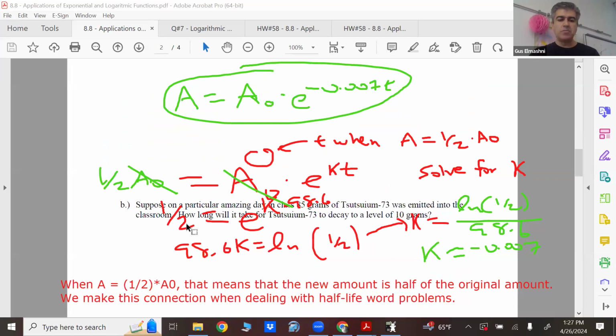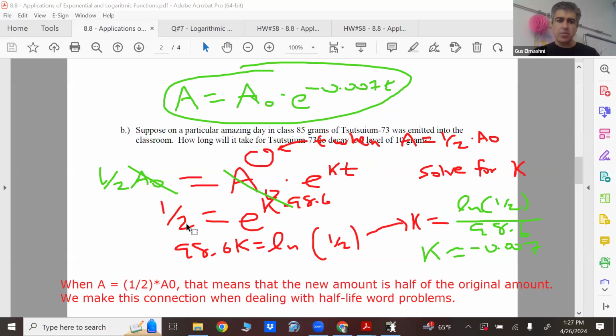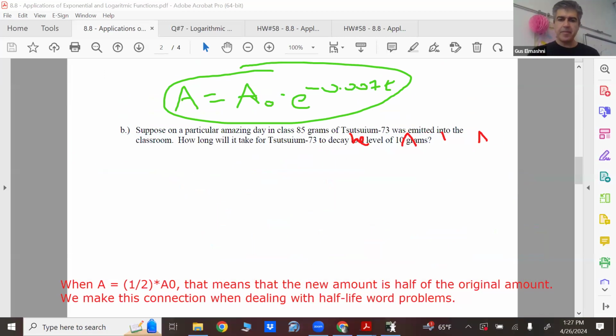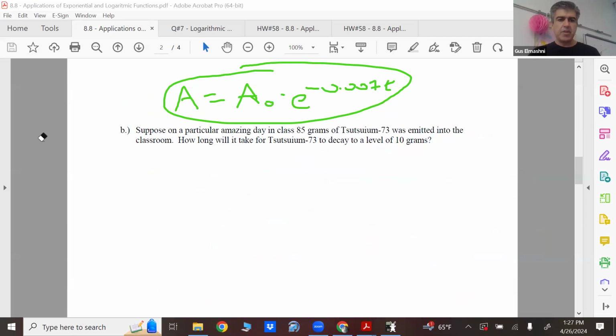Then part B. Suppose on a particularly amazing day, 85 grams was emitted into the classroom. How long will it take for it to get down to 10? So 10 equals 85 times e^(negative 0.007t).